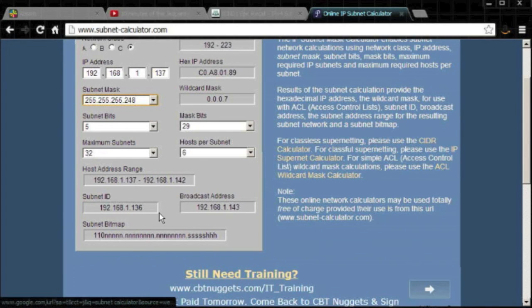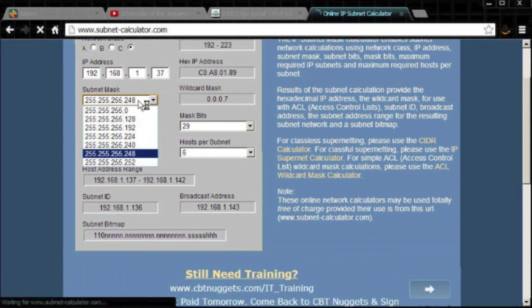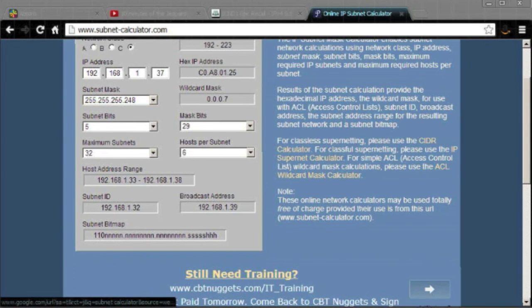Here's your subnet ID. Oh, it wasn't 137, it was 37. You get the idea. We can check our math against the subnet calculator. It's just that we don't have the subnet calculator in the exam.